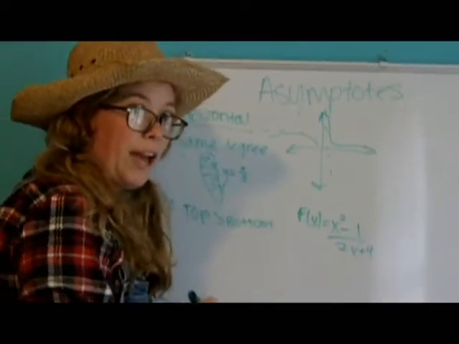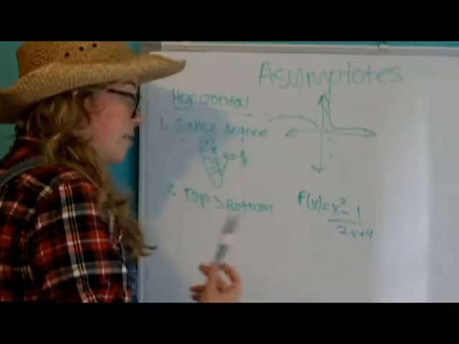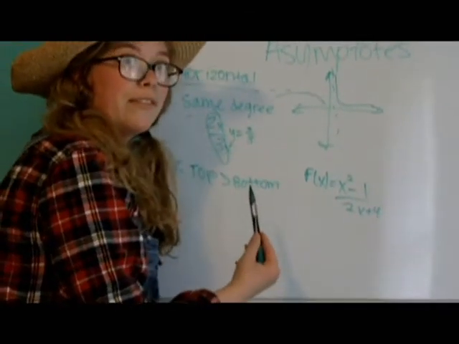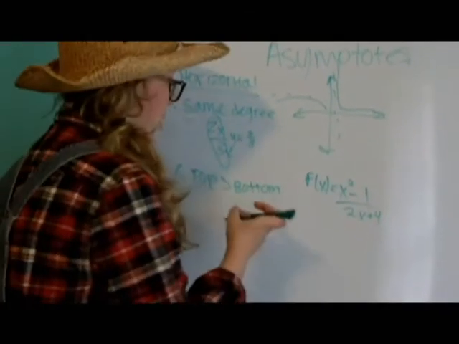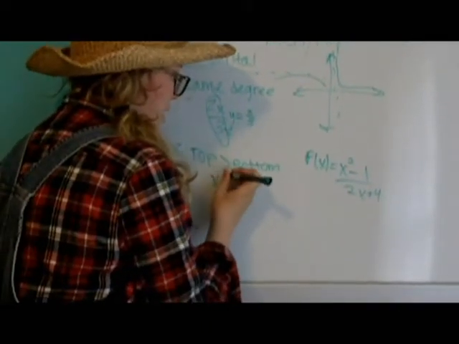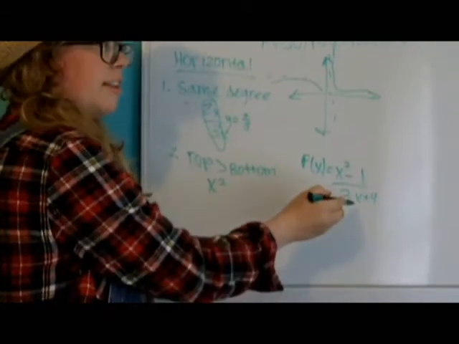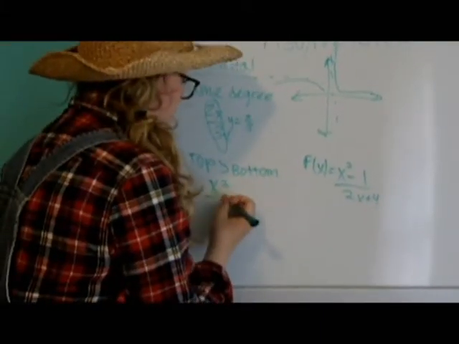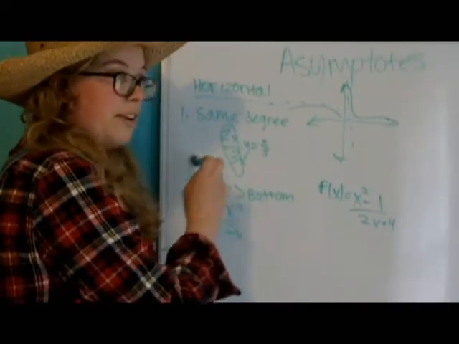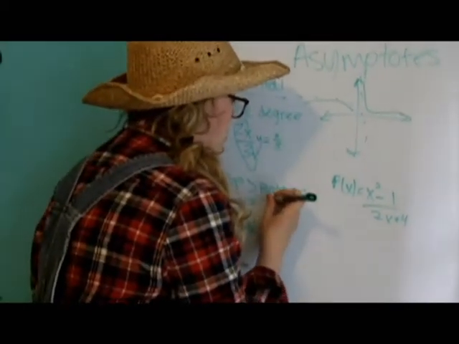Now on the AP Calculus exam, they might explain this as the numerator and the denominator. But for the case of this video, we're just going to go with top and bottom. So in this case, the top degree, x squared, is greater than the bottom degree of 2x. In this case, when the top is greater than the bottom, there is no asymptote.